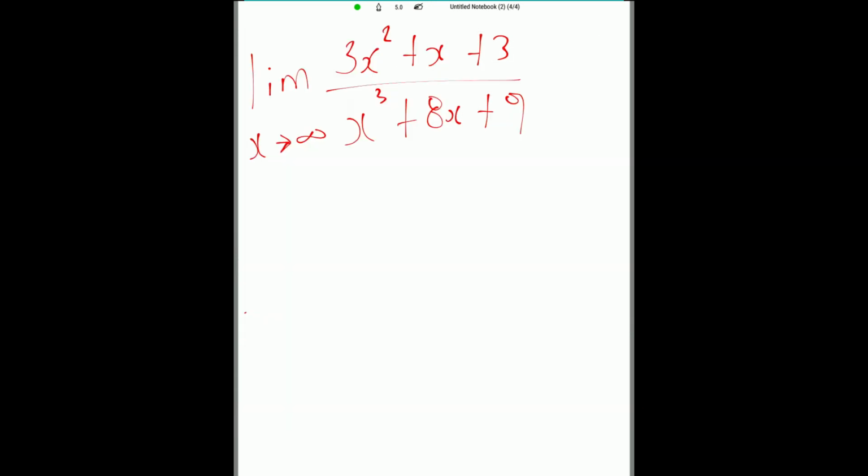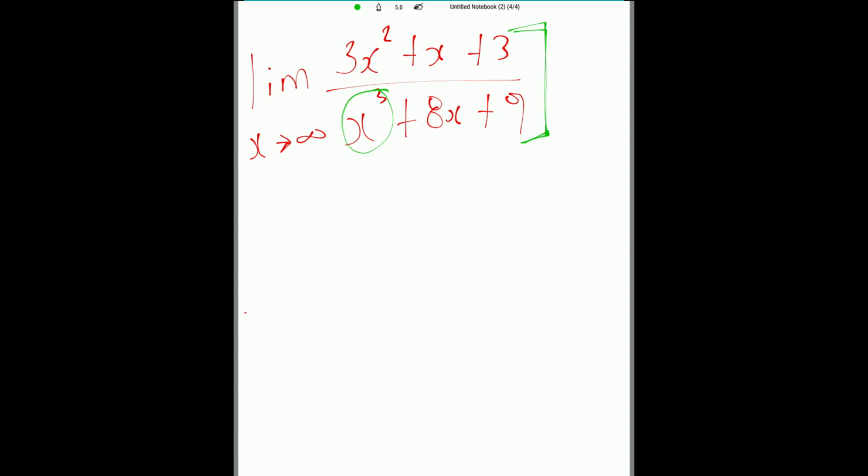An easy way to find the limit of this function, or any other function of this nature, is to look for the variable that is being raised to the highest power. We're going to be looking for the term in this entire function that has the independent variable with the highest power.